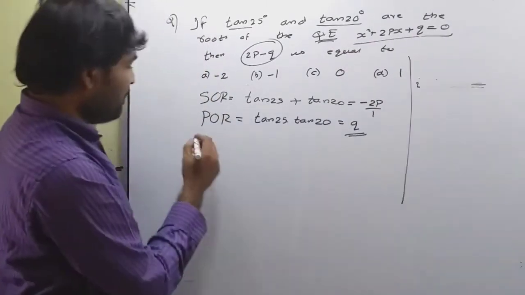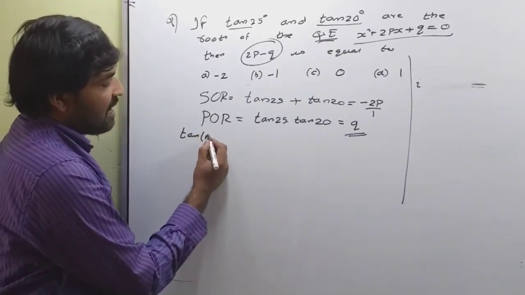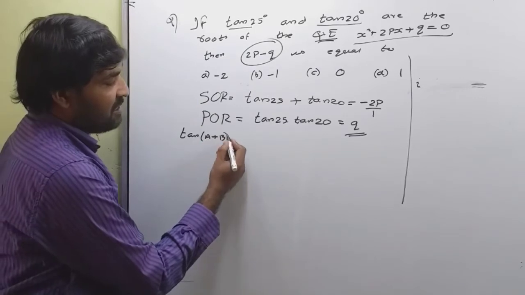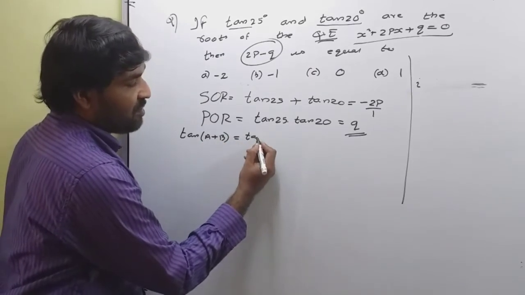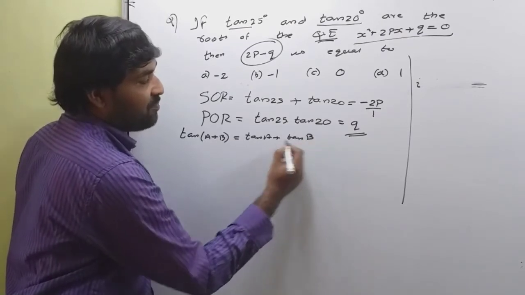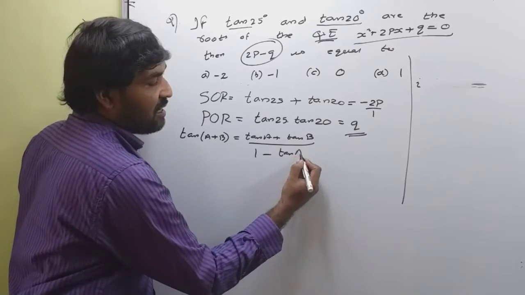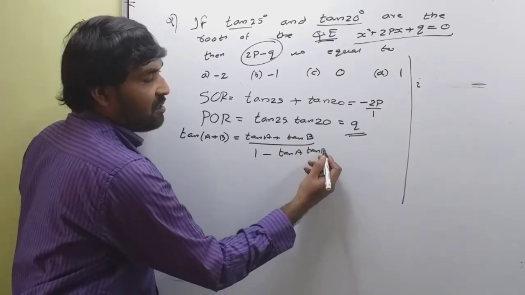Right. We know the identity tan(A + B) is equal to (tan A + tan B) divided by (1 minus tan A tan B).